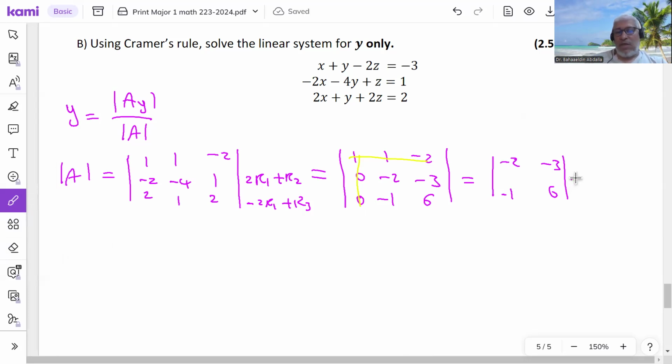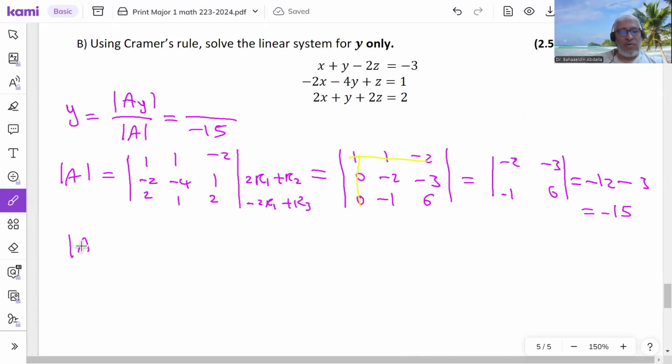And then -12 plus 3, -9. So the determinant of A, let me check, -12. This is minus 1 times minus 3 plus 3, so minus 3. So sorry, this is minus 3, so minus 15. So the determinant of A is -15.